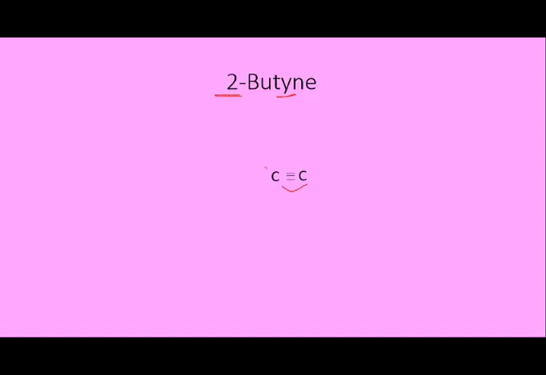So, we know that the triple bond is in the 2nd carbon atom, so we're missing 1 here. And it says that it's a butane, so there must be 4 carbon atoms, and the other one we're gonna write over here.